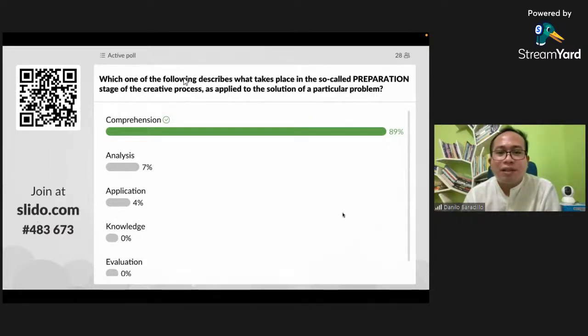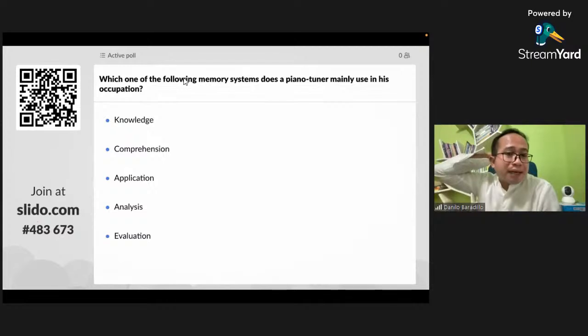Okay, comprehension. Okay, what about this one? Which of the following memory systems does a piano tuner mainly use for his occupation? So what component of Bloom's taxonomy is this stem addressing? Cast your answer.